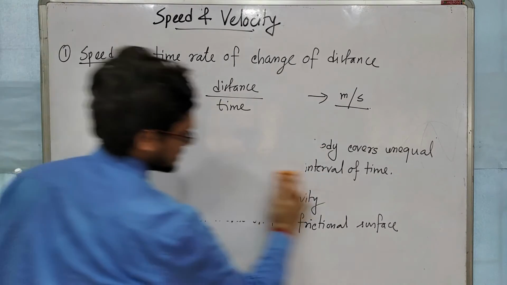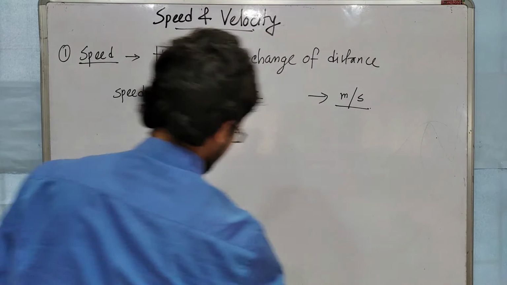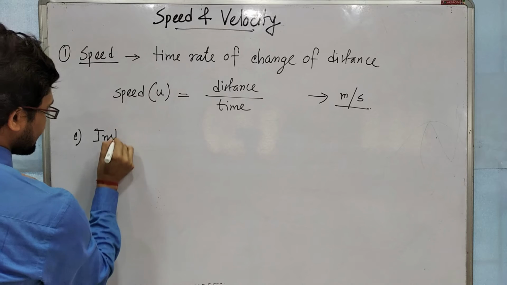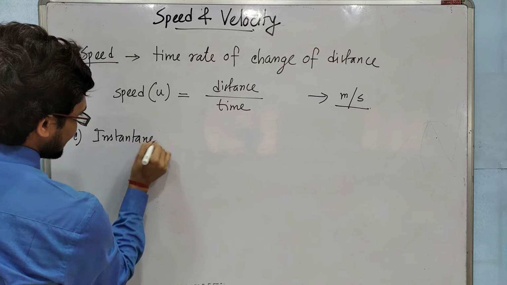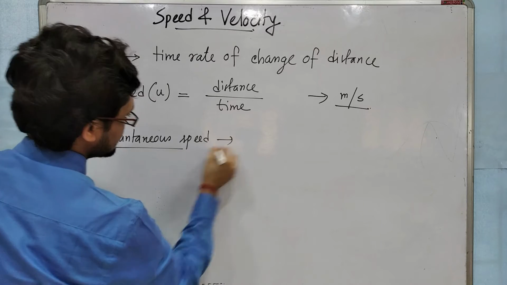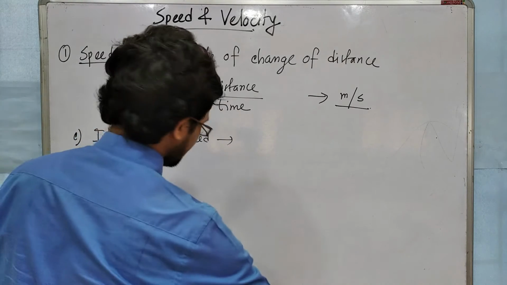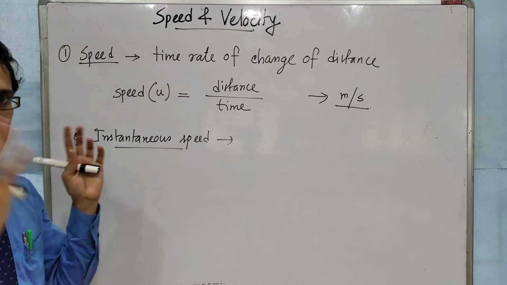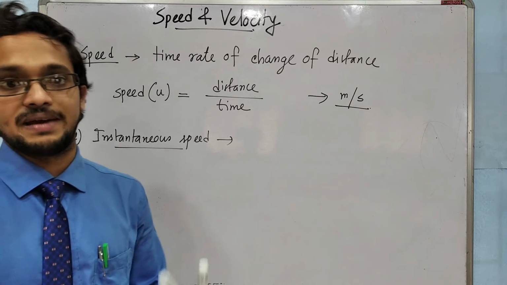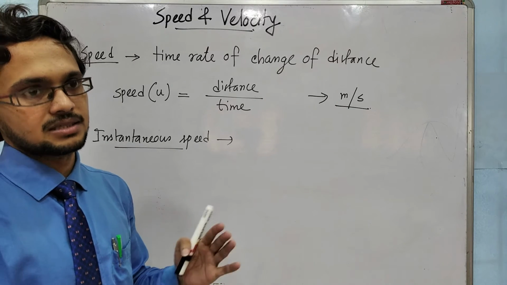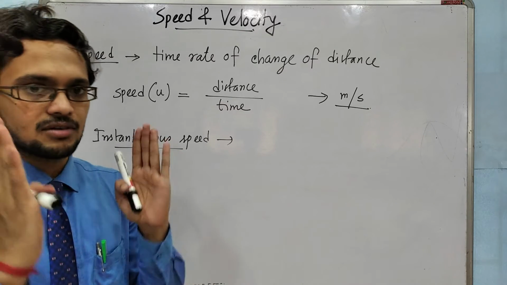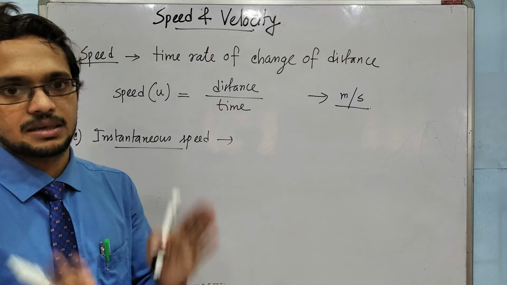Third one, instantaneous speed. Instantaneous means instant, at a particular instant. When an object is moving with variable speed, if its speed changes continuously with time, then what will be the speed at a particular instant?